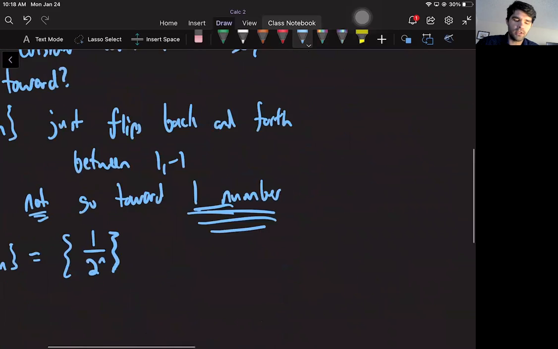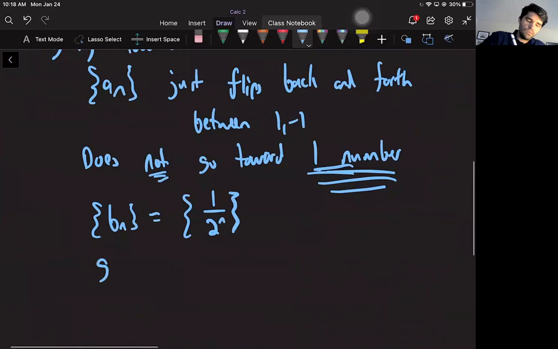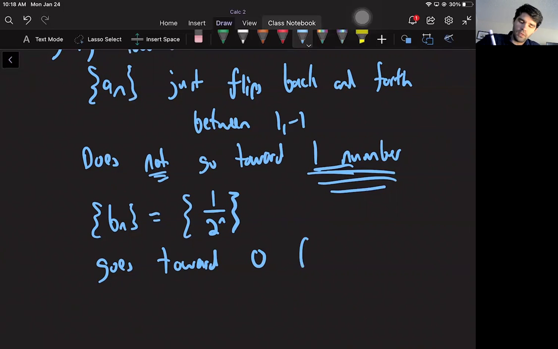But it would have never actually touched 0. So we would say that this does go towards something. It goes towards 0, never passing it or touching it, but it does go toward it.